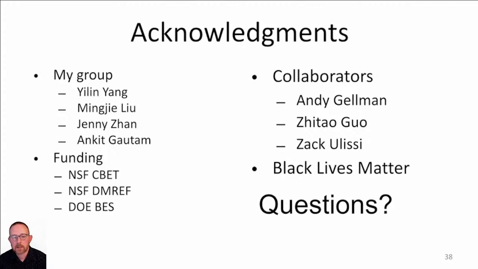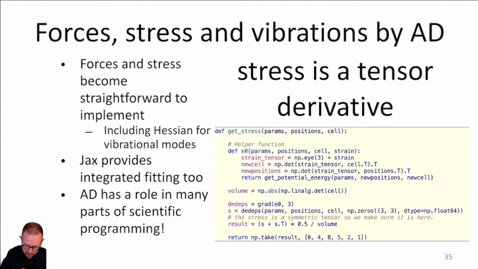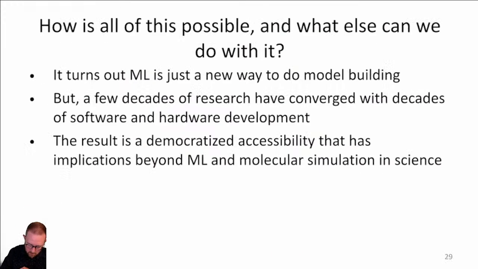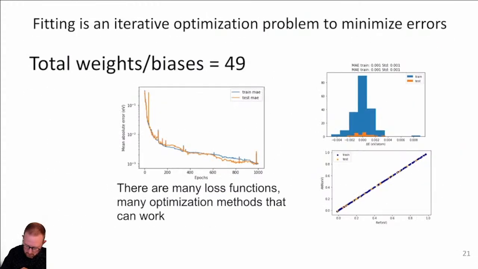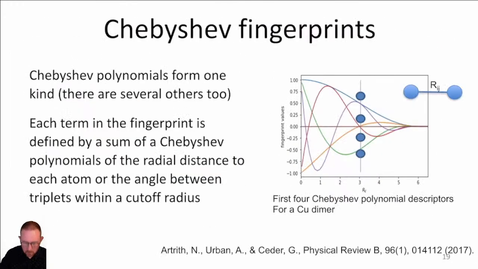Oh yeah, I did not talk about it too much in the slide that I made about the Chebyshev. Let's see, how hard is it to get to? So we do use a cutoff radius in exactly the same way.